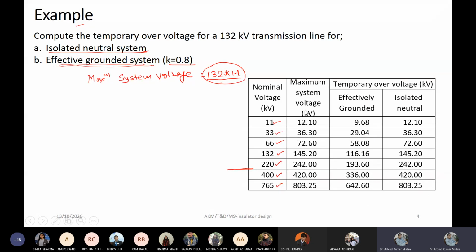So this is almost universal. This column may change if our definition of the effectively grounded system changes. Right now, it has been calculated for K equal to 0.8, but the other quantity remains the same always. So this table gives you an idea of what the voltage level could be in case of a single line to ground fault.